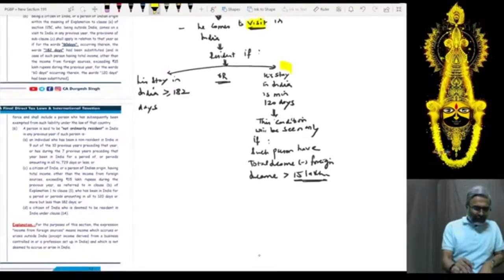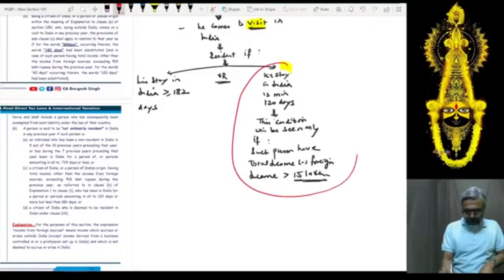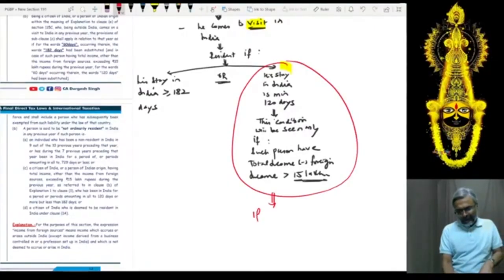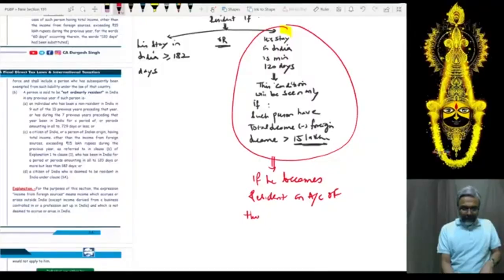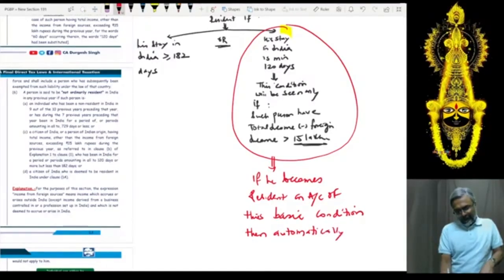Now be careful, students. This is very important. In that situation, you will write: if he becomes resident on account of this basic condition, then automatically his status will be RNOR.